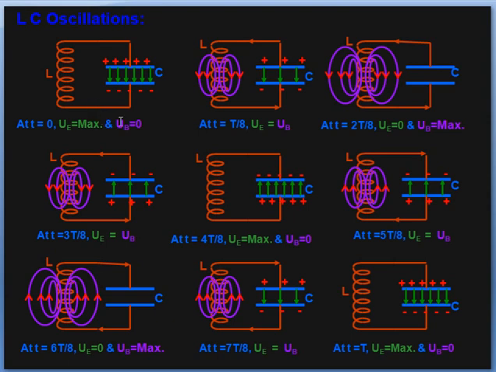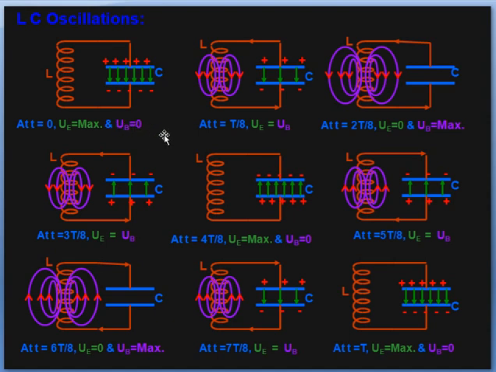When we connect this with the source, after some time this capacitor by its nature gets charged, and after that we remove the source. Then one plate of the capacitor becomes positive and the other becomes negative. So for t equals 0, U is maximum and UB will be 0.